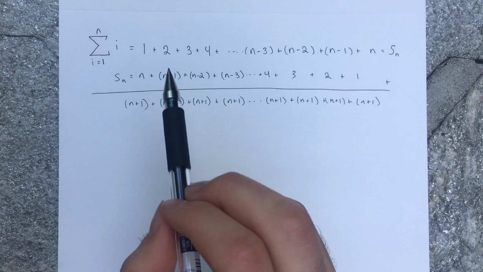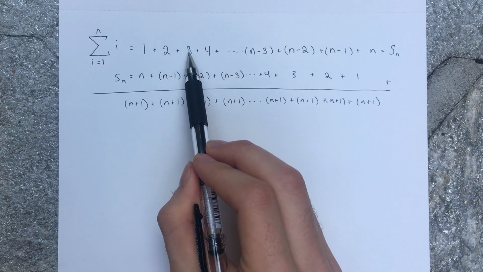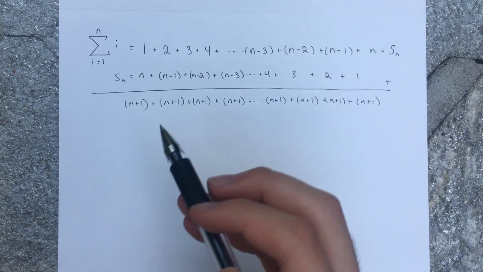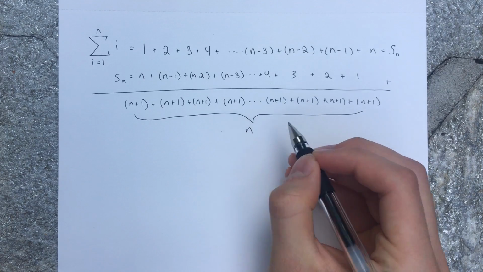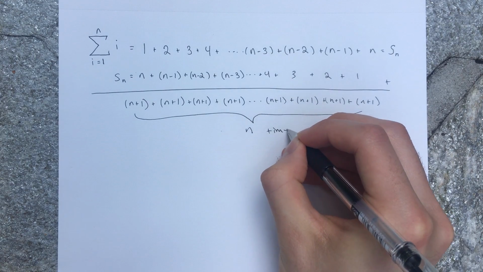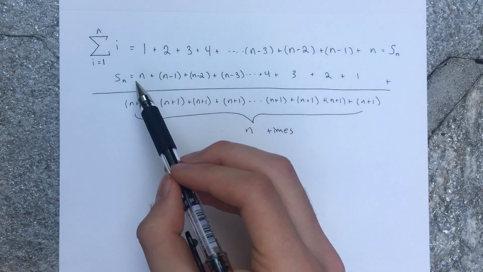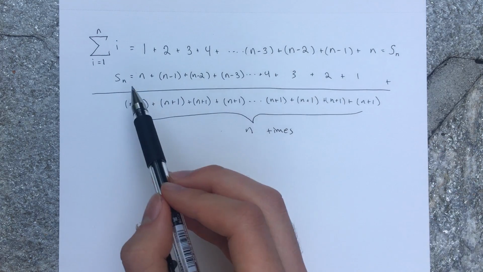And we see that this has n terms. This is the first term, the second term, the third term, all the way up to n. So this n plus 1 happens n times. Okay, and what is the other side? Well, we're just adding Sn twice.